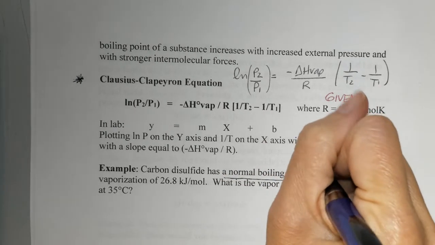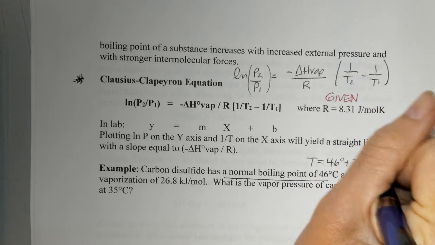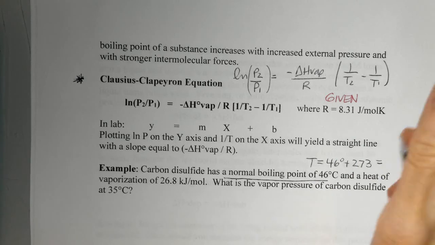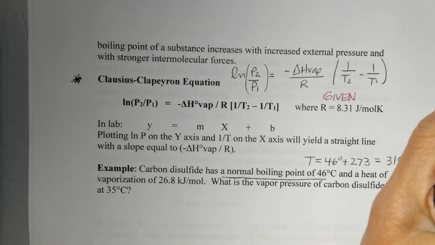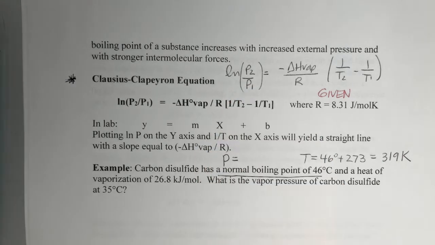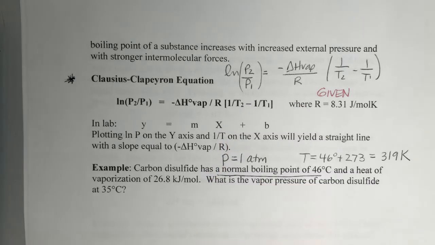So our temperature is 46 plus 273. Remember, we always got to be in Kelvin. So when I add my 273, I have 319 on my Kelvin scale. Normal means that the pressure is 1 atm or 760 torr, standard pressure of 1 atm.